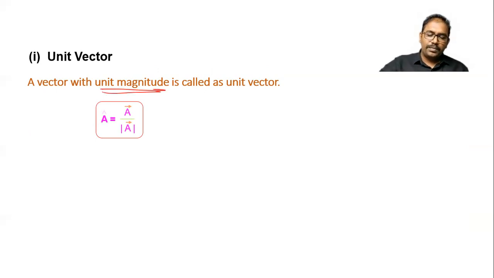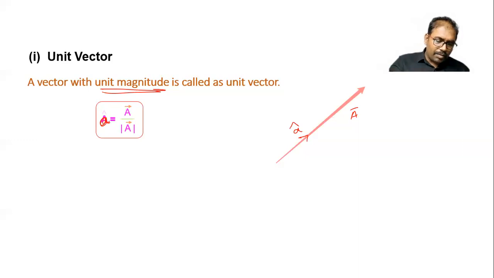If I draw here a vector A bar, then in the direction of A bar there is a unit vector A cap, capital or small, however you write it. A cap on top means we are representing a unit vector by a cap on its top.